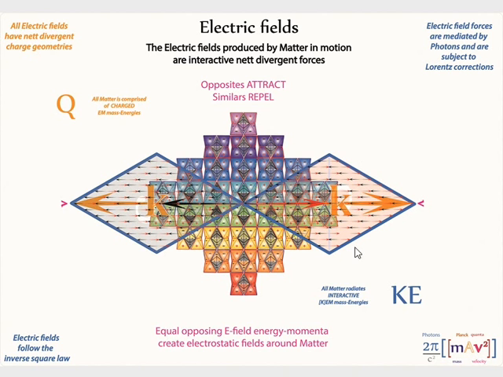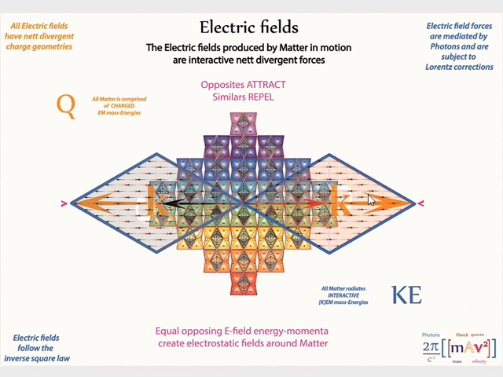Gravity can be modelled using the same geometry. However, it does not have the same geometry. Its force just follows that because it's an inverse square. In the case of electric fields, obviously, we have a net divergent force being created in the electric field with its energy momenta, because it's an equilateral geometry with the magnetic poles as well.